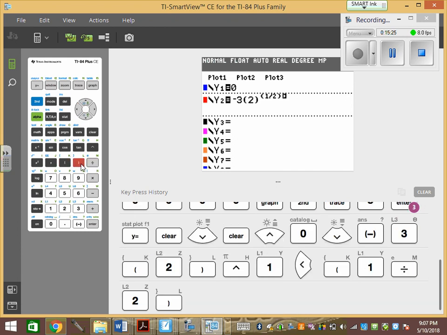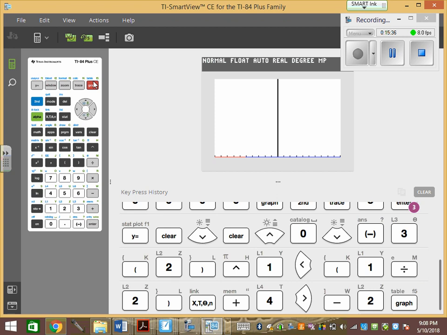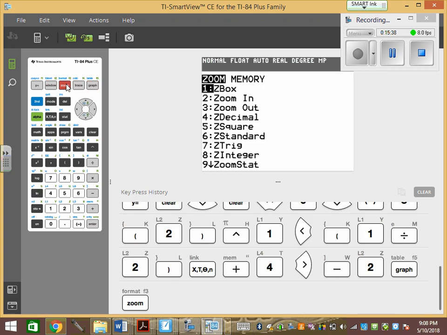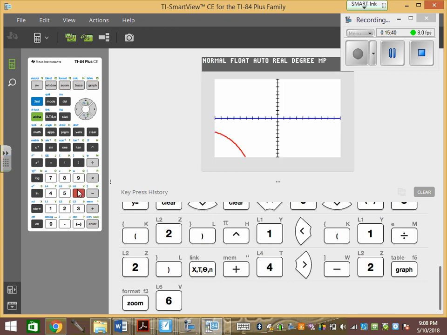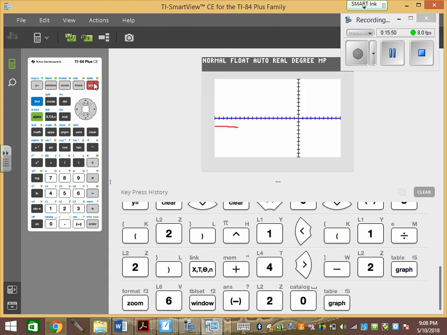A half x plus 4, minus 2. I'm going to go zoom 6 to get my standard window. And it's below, right? So I need to go this way so I can actually see it a little bit better. So I'm going to make my x-min negative 20.